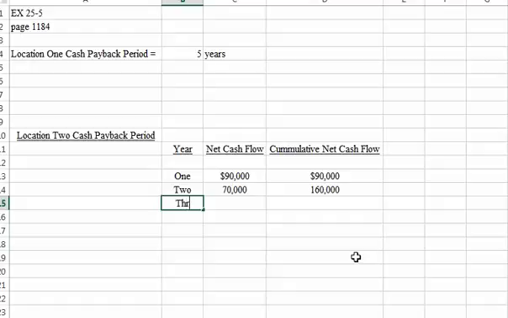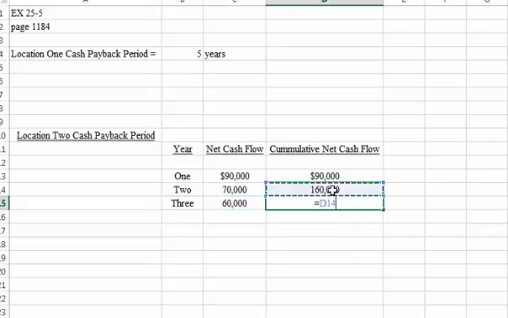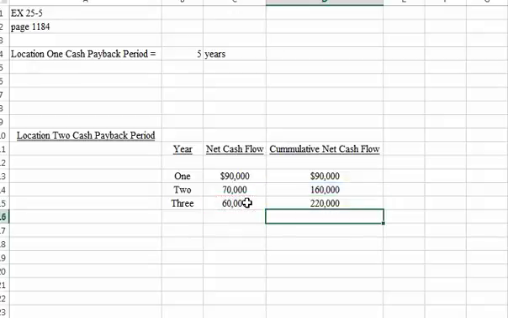Now year 3, cash flow $60,000. So it's going to be equal to the 160 plus the 60,000. Just adding each year's cash flow into the total gets us to 220,000.